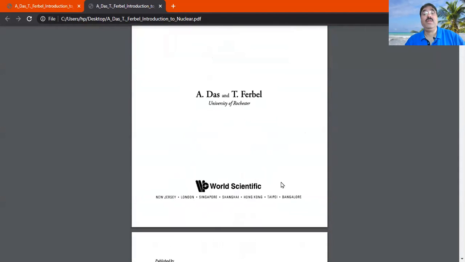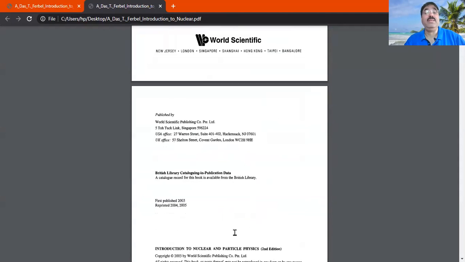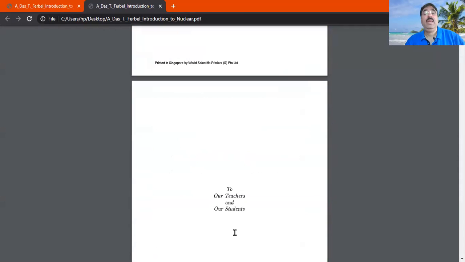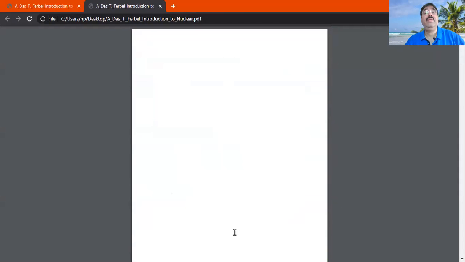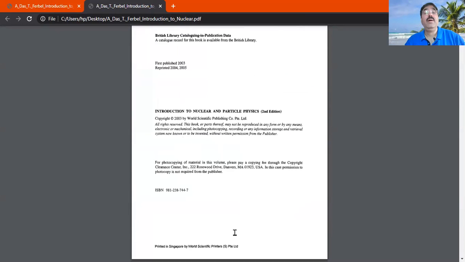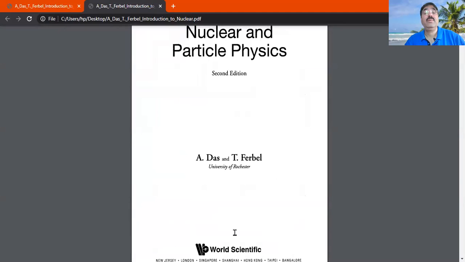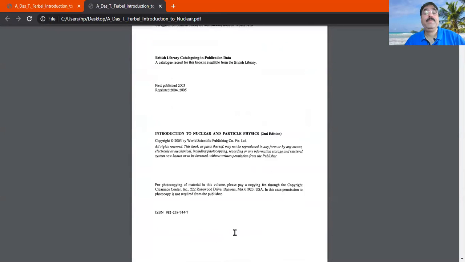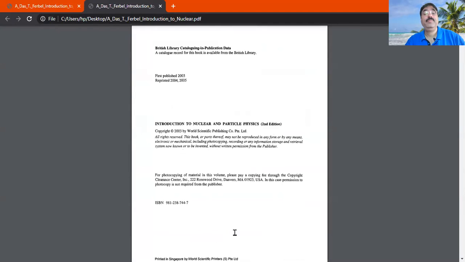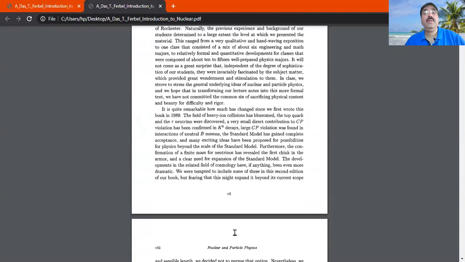It's World Scientific, printed in New Jersey, London, Singapore and other places. Ashok Das has really written some very good books.